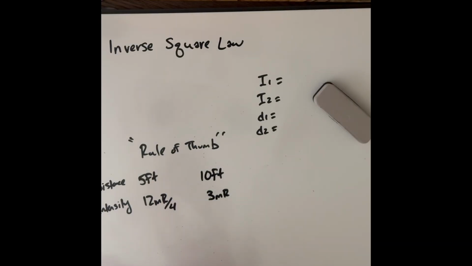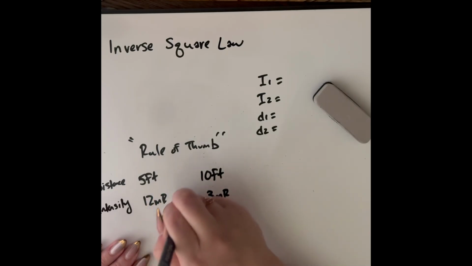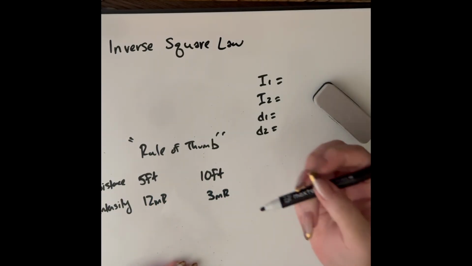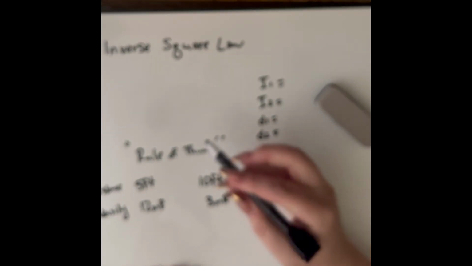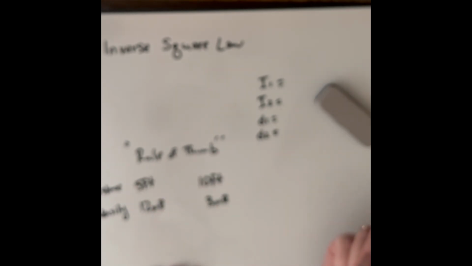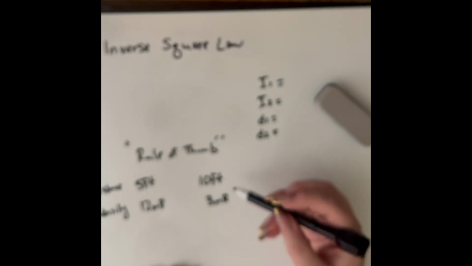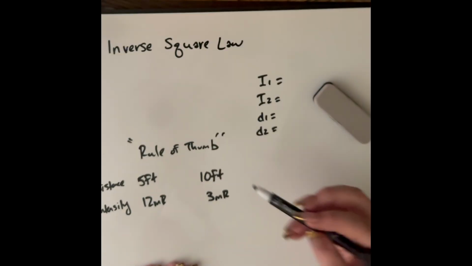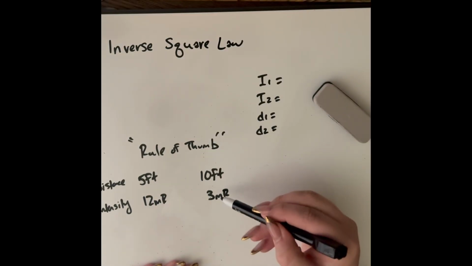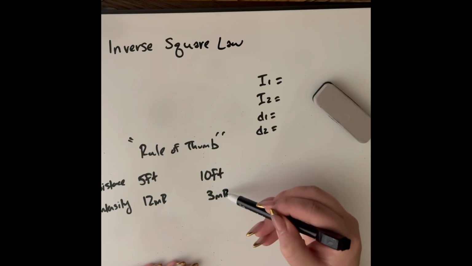Now, on the opposite end, you could reverse this right back. If our distance was 10 feet and we went to 5 feet, if we cut our distance in half, then our intensity should increase by a factor of 4.